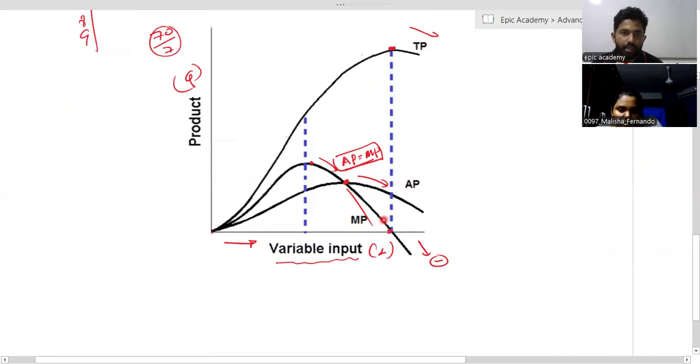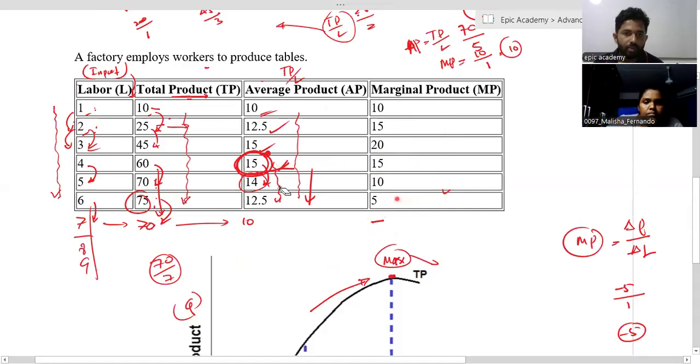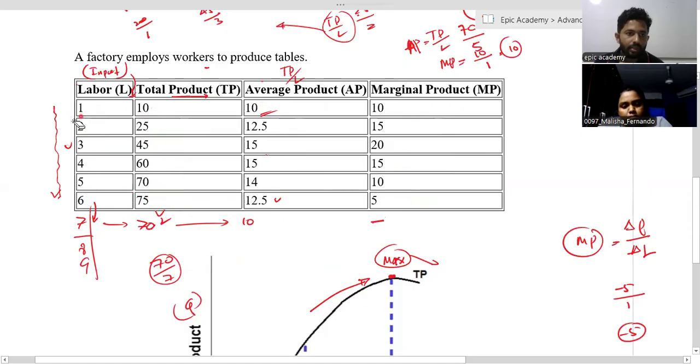Until it reaches the maximum level of the total production, marginal production always takes a plus value, isn't it? Yes. So here you can identify that marginal production always takes a plus value when the total production increases.